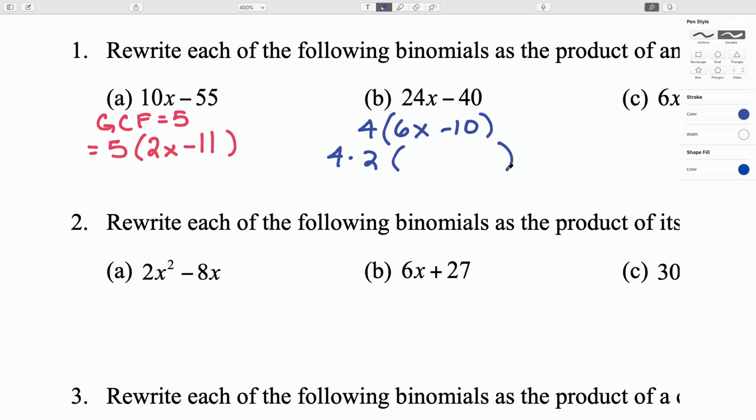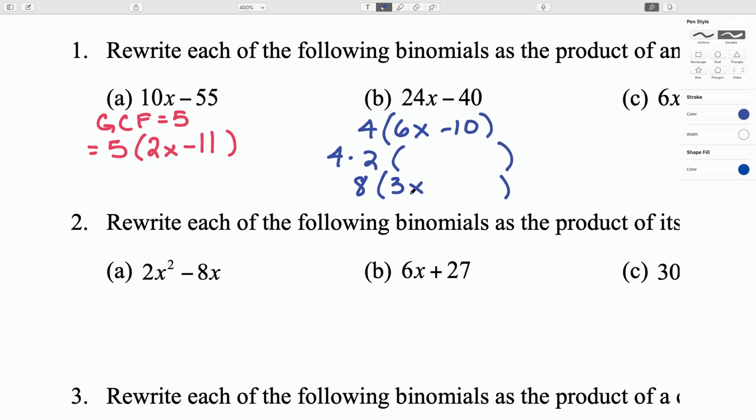So I can factor out another common factor, which is 2. So my GCF is actually 8. 4 is actually not a GCF at all. It's just a CF. So I'm going to use 8 instead. Now I think, 8 times what will give me 24? 8 times 3.